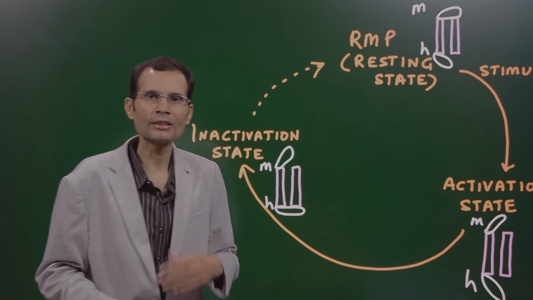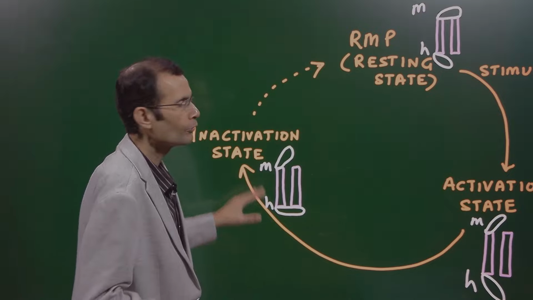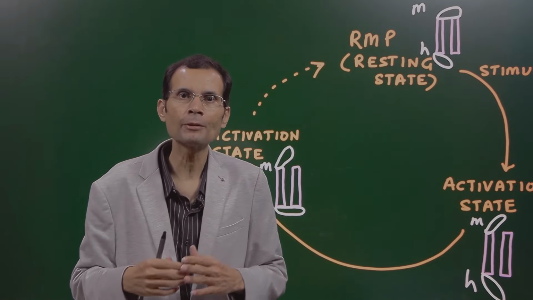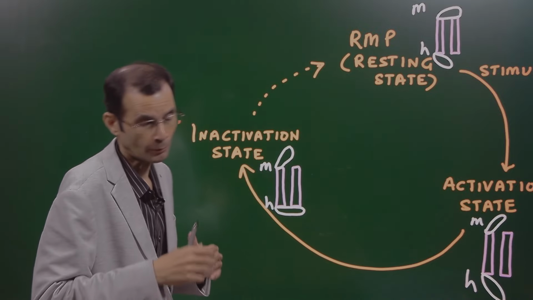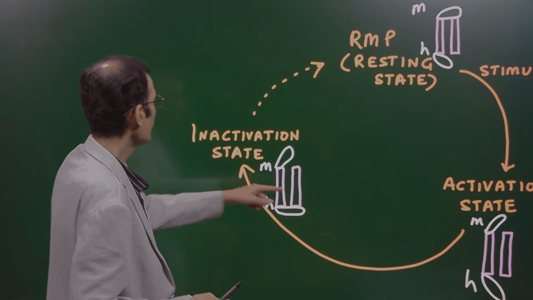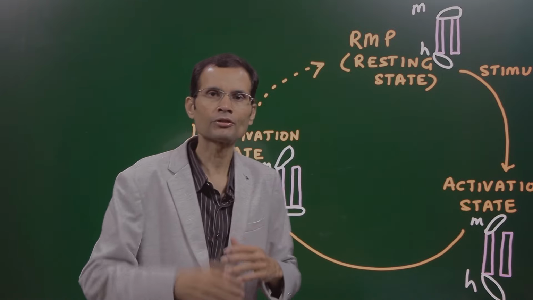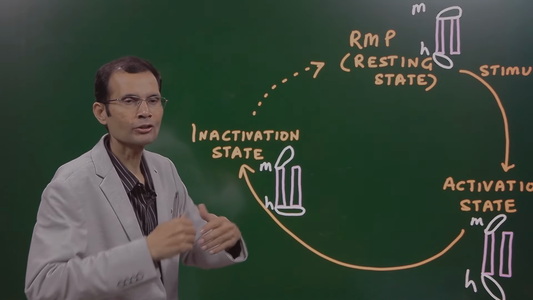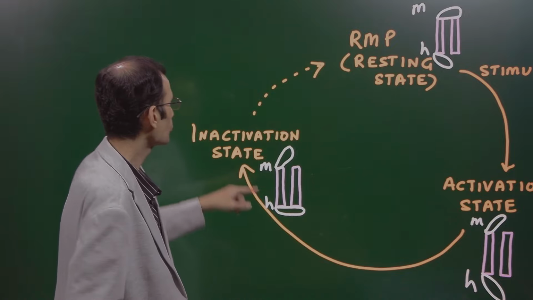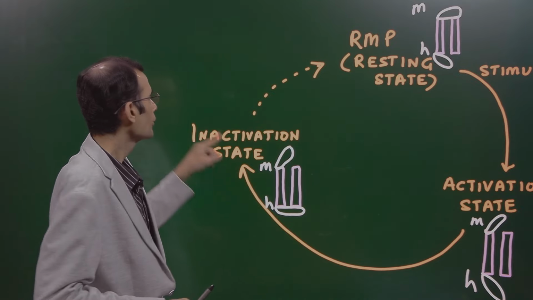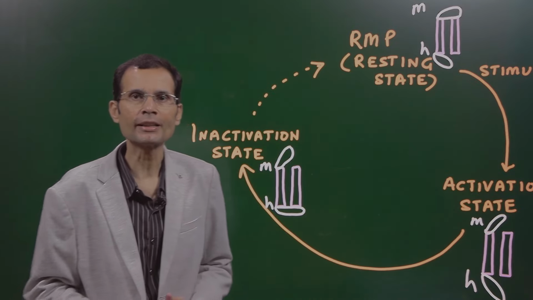But just above threshold, when there is a spike happening and the depolarization is being completed, the massive influx of sodium has already occurred and the sodium channels go into the third state, which is called the inactivation state.